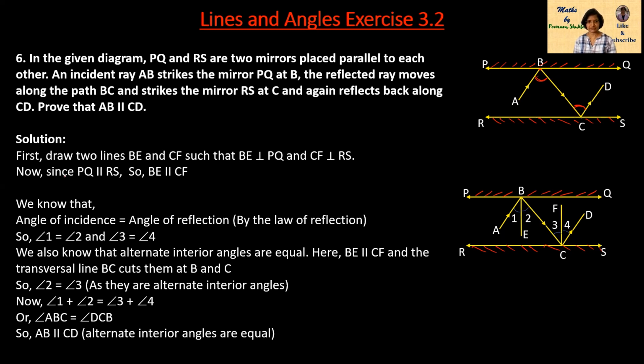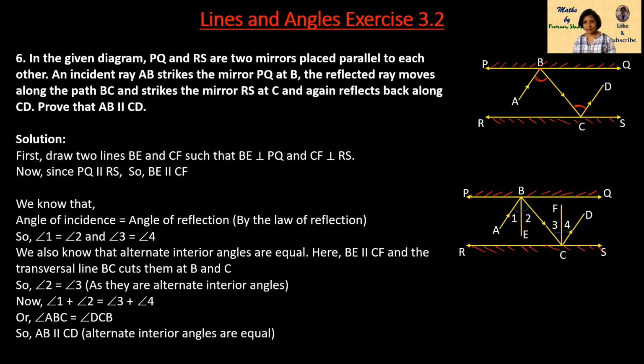Draw the lines BE and CF such that BE is perpendicular to PQ and CF is perpendicular to RS. We have to draw them so that these two lines are perpendicular to their respective surfaces. So BE is perpendicular to PQ and CF is perpendicular to RS, right?